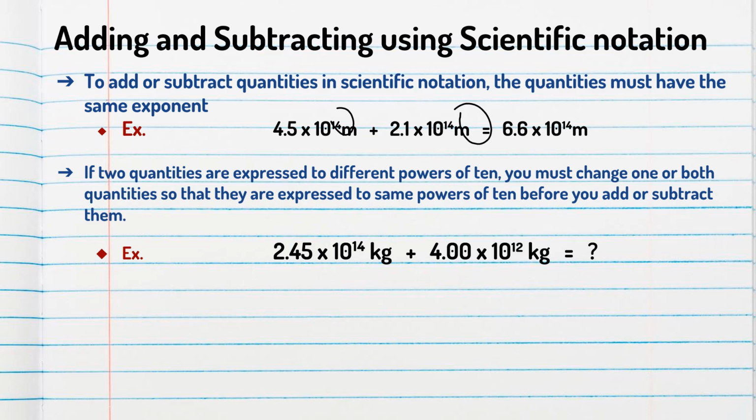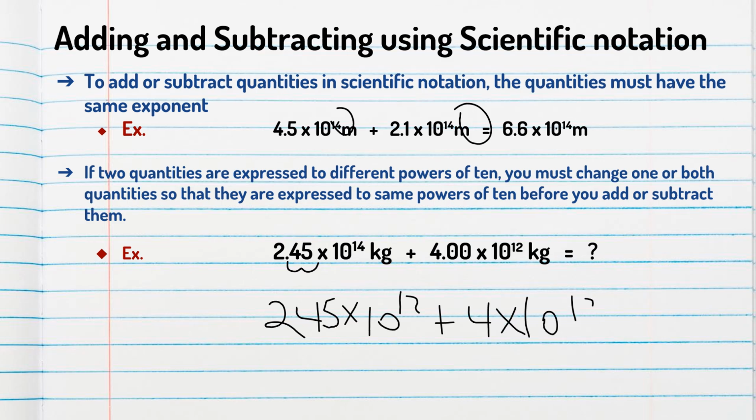So if we look at this one, I have to change it, right? So let's go back, so I would have 245 times 10 to the 12 plus 4 times 10 to the 12.